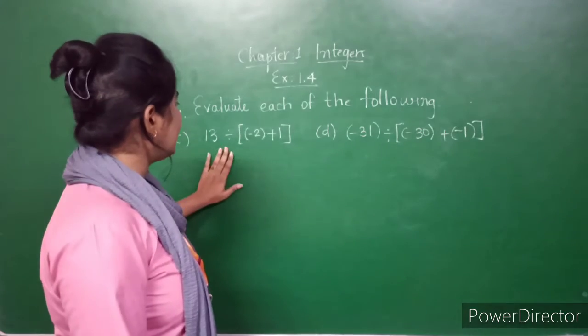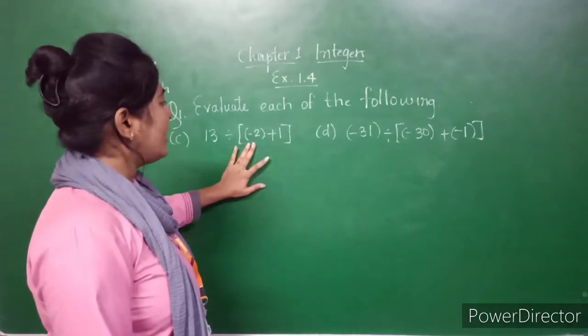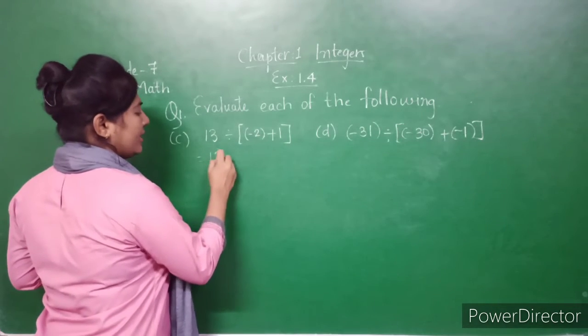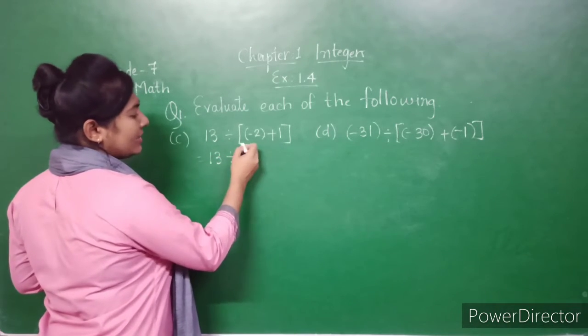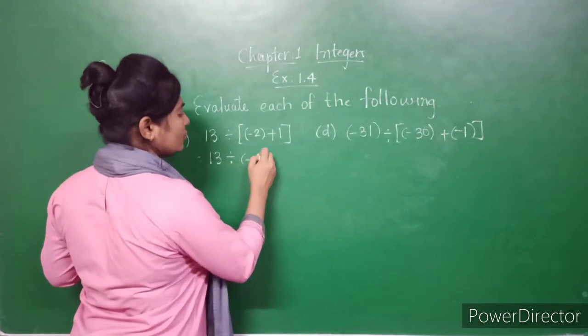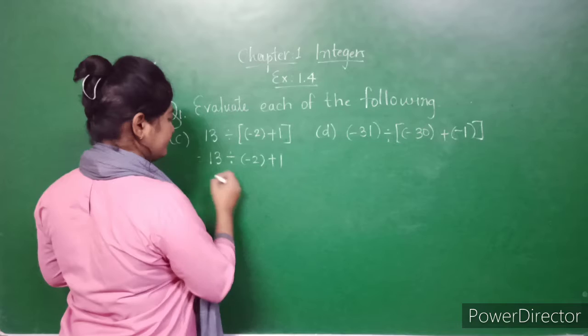Now next question, 13 divided by minus 2 plus 1. So here we have to write 13 as it is, and then first of all we have to open this bracket. So it is minus 2 plus 1.